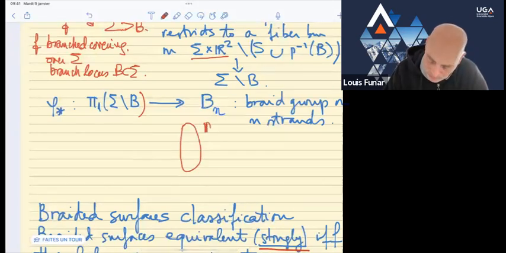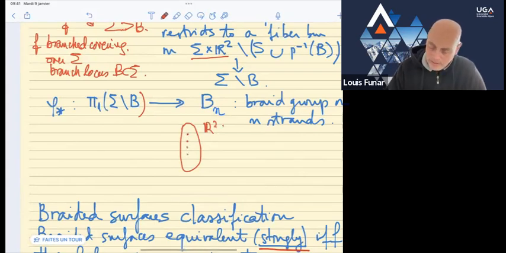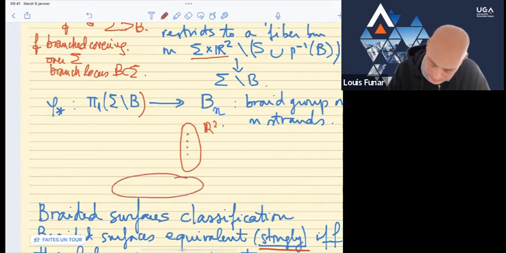This is R2, and you have a number of points here, the end points, which are over sigma. And these points can collide, maybe 3 or several, over a point pi of B.